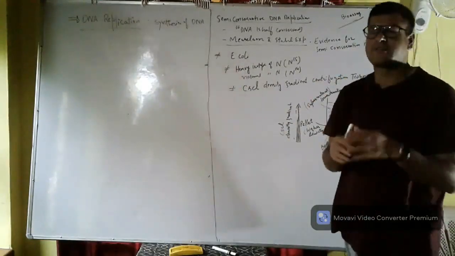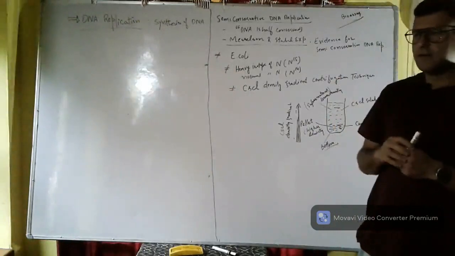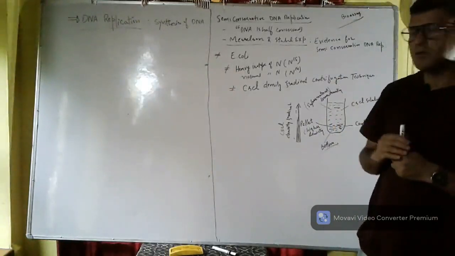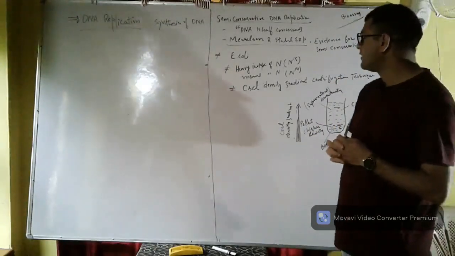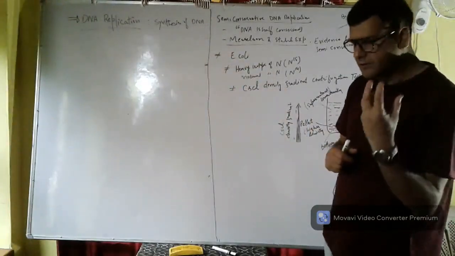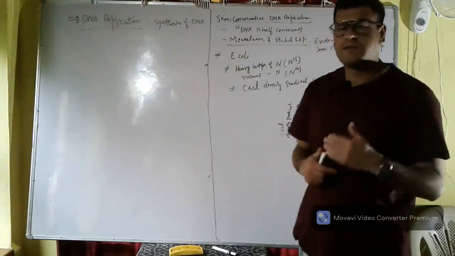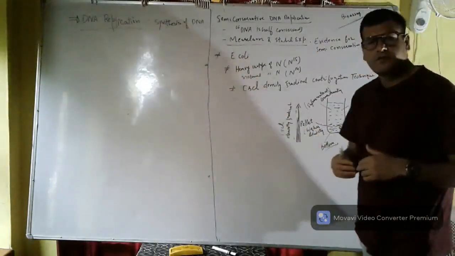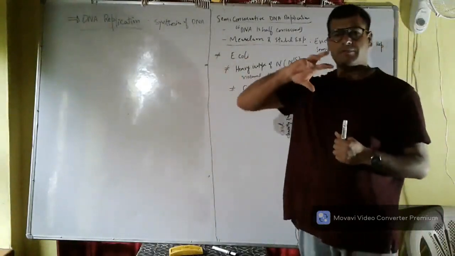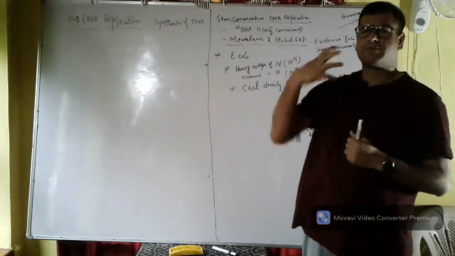This is the basic crux, what I can say, the basic principle regarding semi-conservative DNA replication. That means when DNA molecules of different densities are mixed with cesium chloride solution, they separate and form the density gradient.